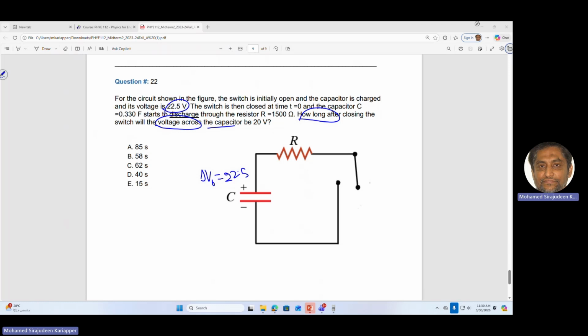If the potential difference becomes 20 volts after some time, at what time does that happen? Right? What is the equation I should use? In the discharging section, the equation for potential difference.